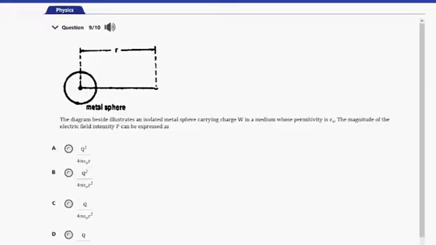It says, the diagram beside illustrates an isolated metal sphere carrying charge Q in a medium whose permittivity is E naught.